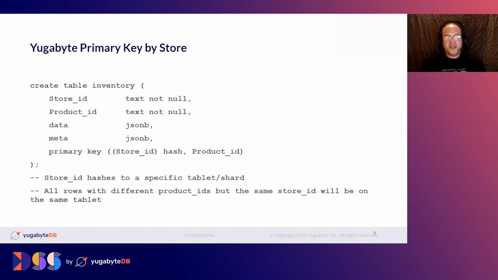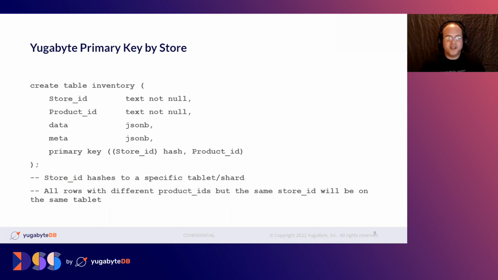So let's take an example of an inventory table as our first example. And the primary key, you can see that the store ID is in parentheses, meaning that we're going to group together all of the inventory records for a store on the same place in the cluster. So there'll be one node in the cluster that's going to be doing all of the work for a given store ID.